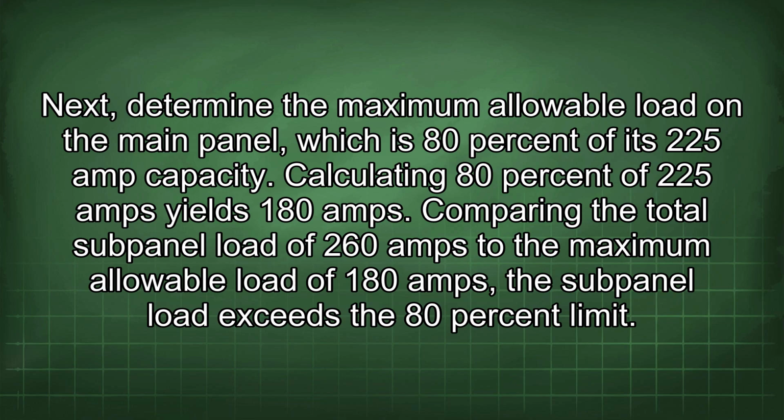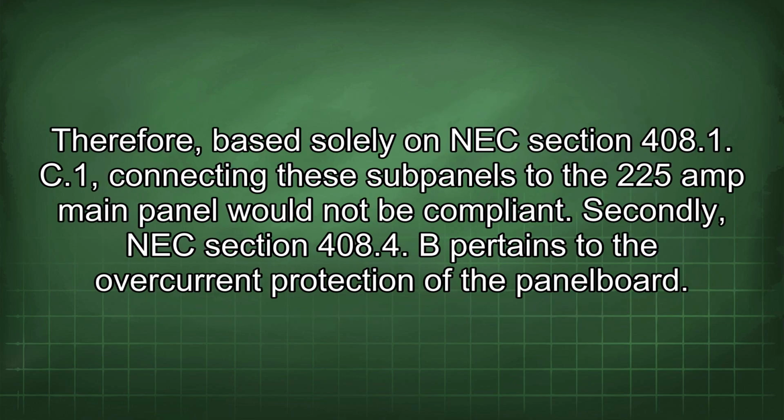Comparing the total subpanel load of 260 amps to the maximum allowable load of 180 amps, the subpanel load exceeds the 80% limit. Therefore, based solely on NEC section 408.1 C1, connecting these subpanels to the 225 amp main panel would not be compliant.